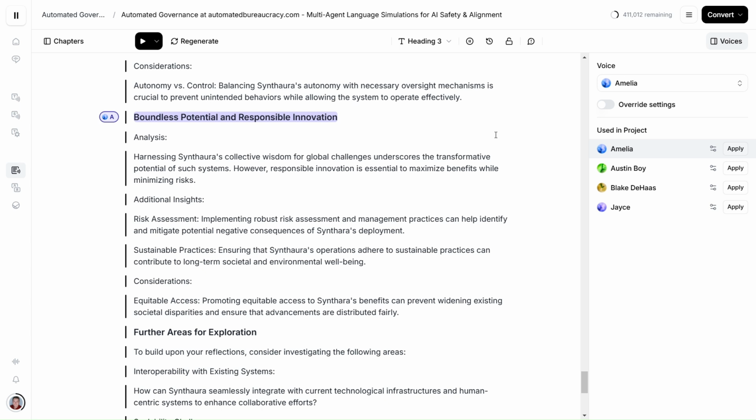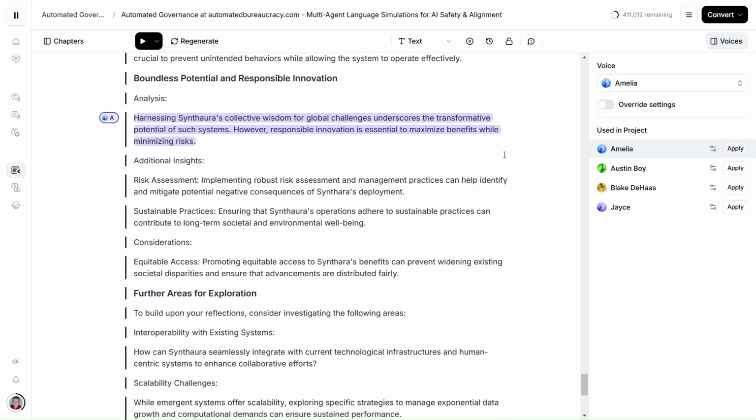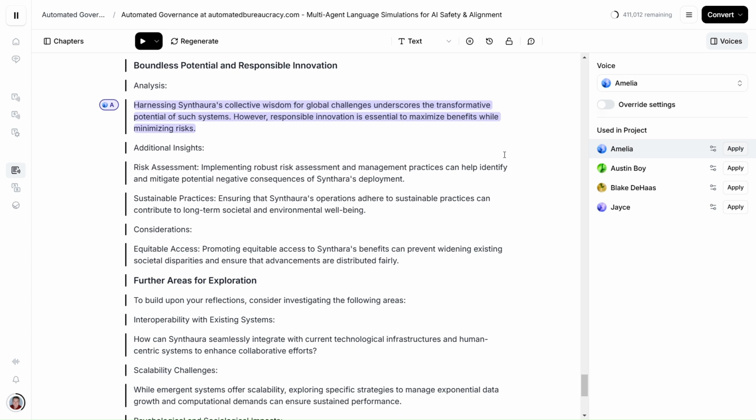Boundless potential and responsible innovation. Analysis. Harnessing Synthara's collective wisdom for global challenges underscores the transformative potential of such systems. However, responsible innovation is essential to maximize benefits while minimizing risks. Additional insights.